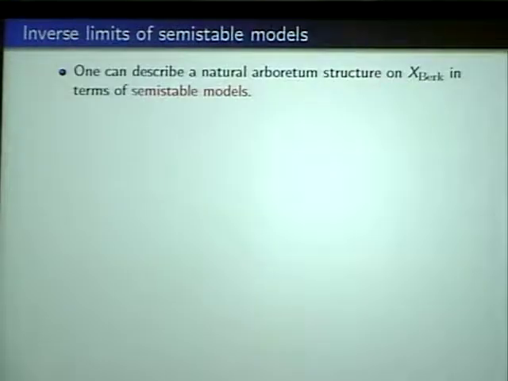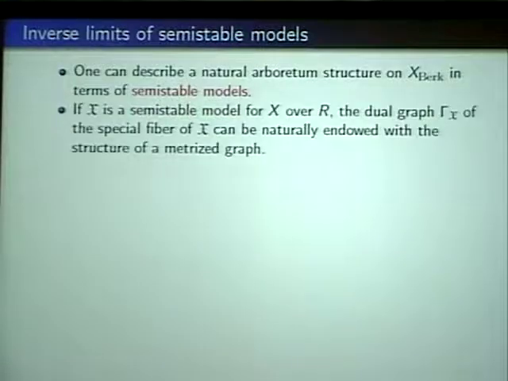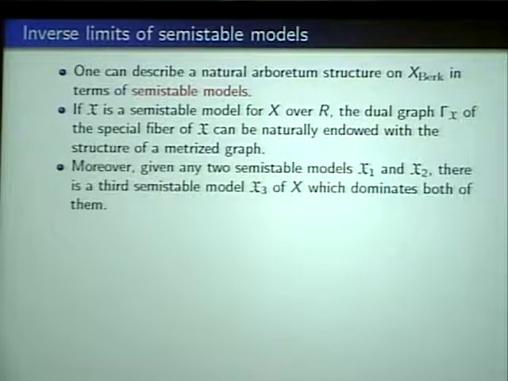Okay? Now, the arboretum structure comes from semi-stable models. So if I have a semi-stable model script X for my curve, its dual graph, as I've said, has the structure of a metrized graph. And given any two semi-stable models, this was mentioned in the formal context in terms of Raynaud's admissible formal models before, there's some third semi-stable model which dominates both of them.